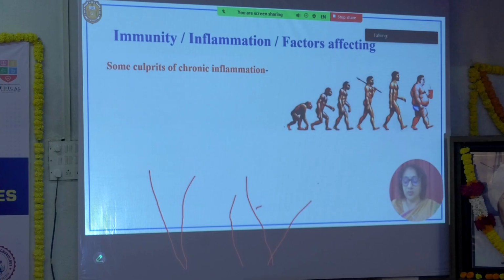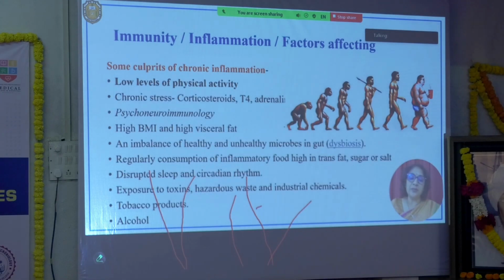Chronic stress, the role of corticosteroids and other stress hormones like thyroid hormone and adrenaline, and psychoneuroimmunology, high BMI, high visceral fat, imbalance of healthy and unhealthy microbes in our gut, regular consumption of inflammatory food like food high in trans fat, sugars and salt, disrupted sleep and circadian rhythm, thanks to social media, exposure to toxins and viruses when we don't have a defense system, and using tobacco products and alcohol.